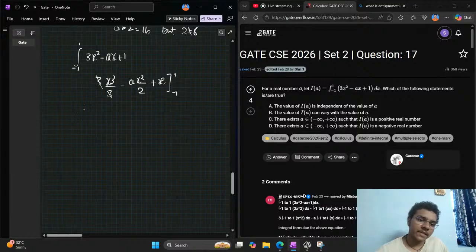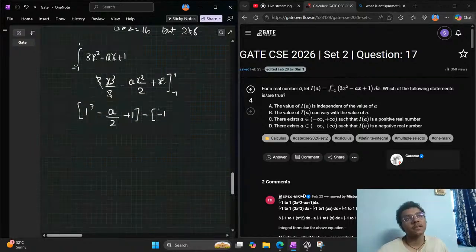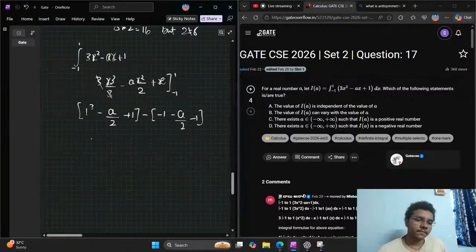So upper limit minus lower limit: 1 cube minus a by 2 plus 1, minus the lower limit, minus 1 cube is minus 1, minus a by 2, minus 1.